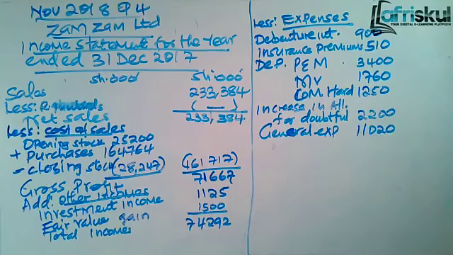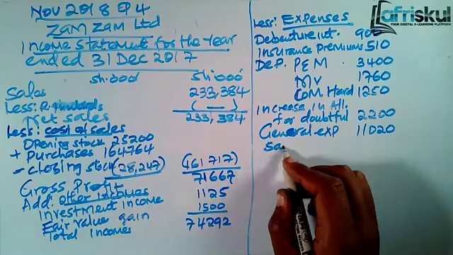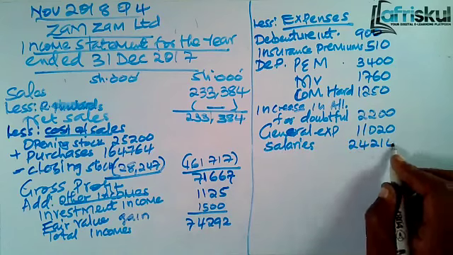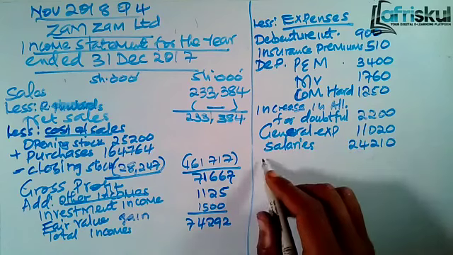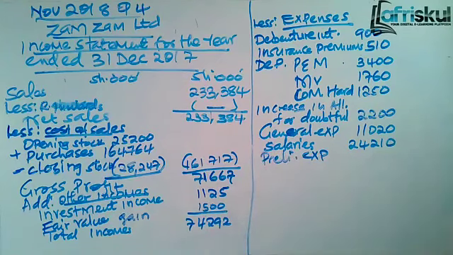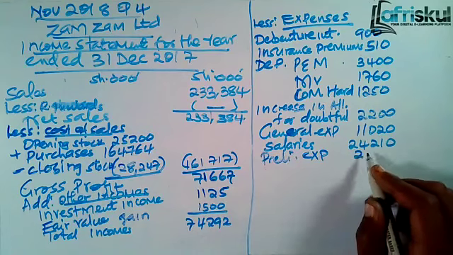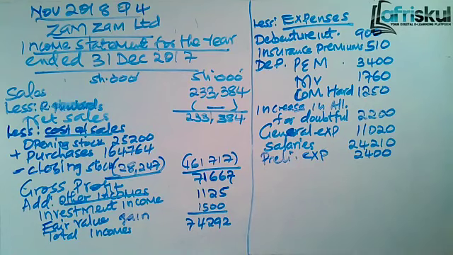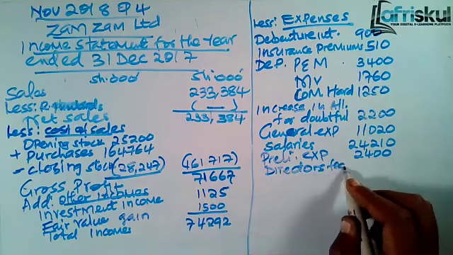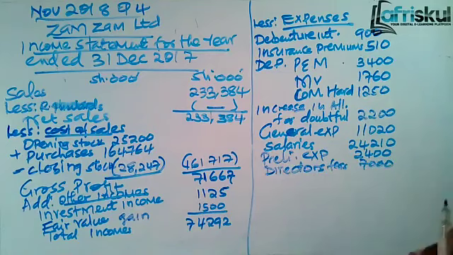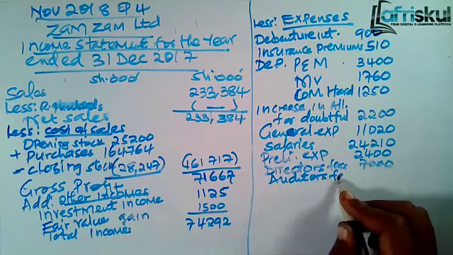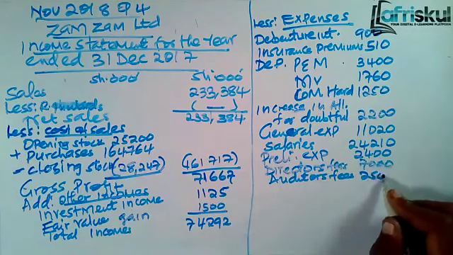We have also other expenses like salaries on the trial balance again, which are given as 24,210. We have also preliminary expenses, which is a value given there as 2,400. And then we have the director's fee, which is 7,000. And the last one is auditor's fee, and auditor's fee is 2,500.